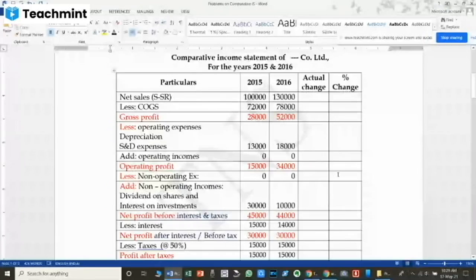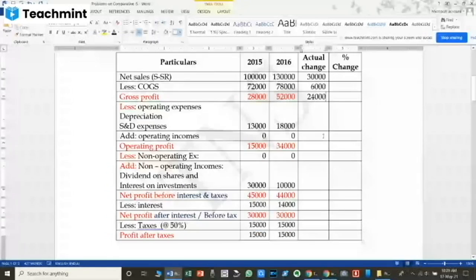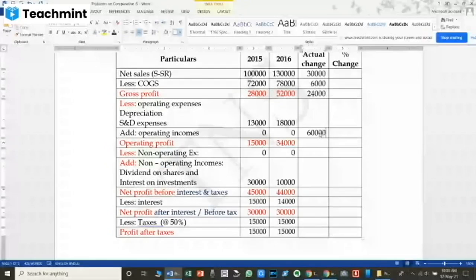Over. So next, find the remaining two columns of the statement. It is just similar to your comparative balance sheet. What is the formula for actual change? Actual change is current year minus last year. That is 1,30,000 minus 1,00,000 is equal to 30,000. Percentages we'll do later, for now fill in the columns one by one. Here this is 6,000 and this is 24,000. 24 minus 18 is equal to 6,000. 6,000 operating profit.